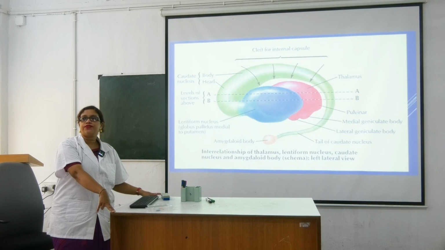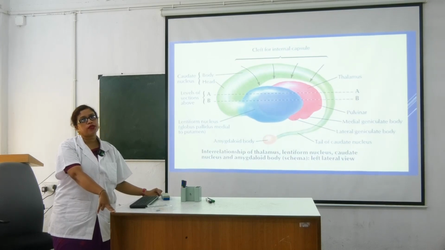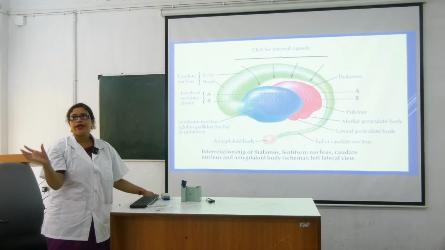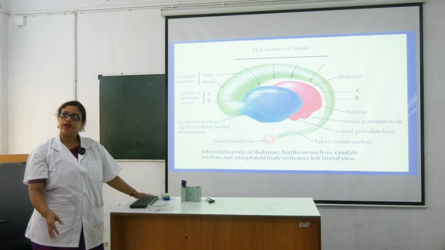Auditory pathway, and lateral for the visual. What about the lemniscus? Lateral lemniscus is for the auditory pathway, medial lemniscus is for the visual pathway. Superior colliculi for the visual pathway, inferior colliculi for the auditory pathway. Already I have given you the assignment to make the two pathways, auditory and visual.